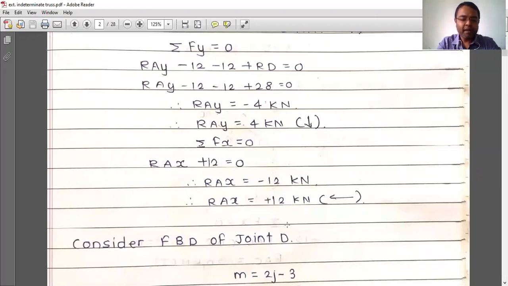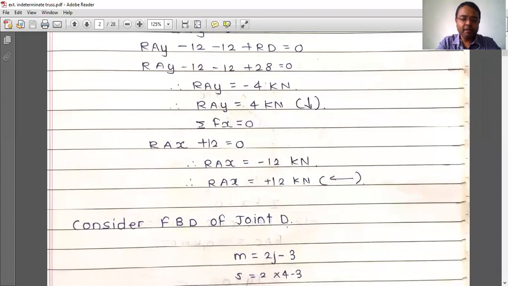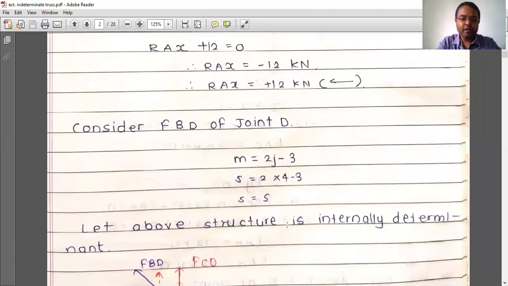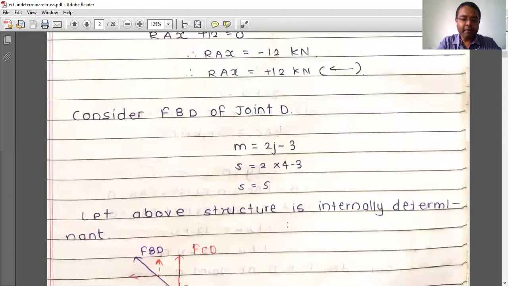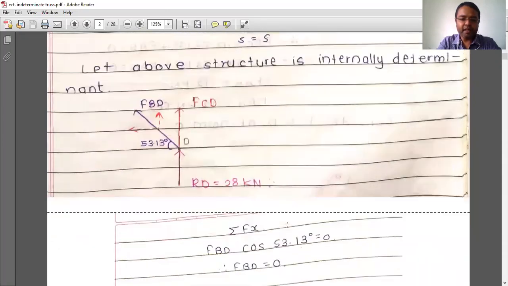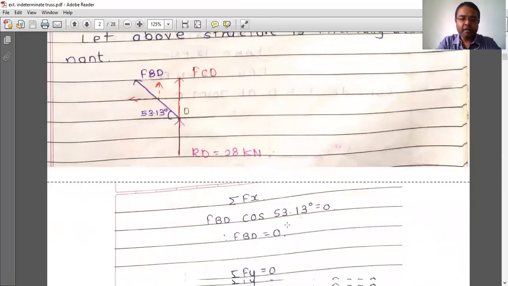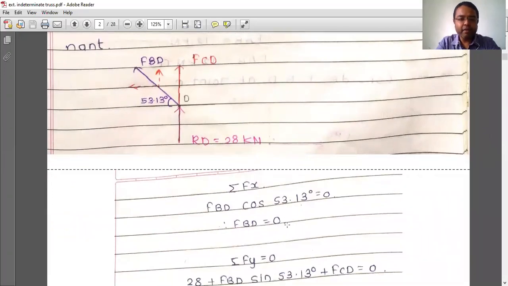Now we will apply the joint method. Here we have considered the free body diagram of joint D. Just draw a free body diagram of joint D. Drawing a free body diagram means you have to show all the forces and all the members meeting at that joint.